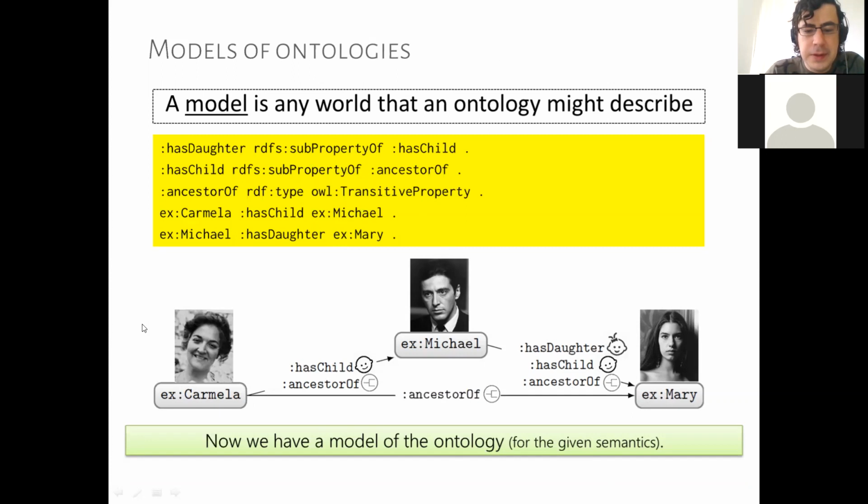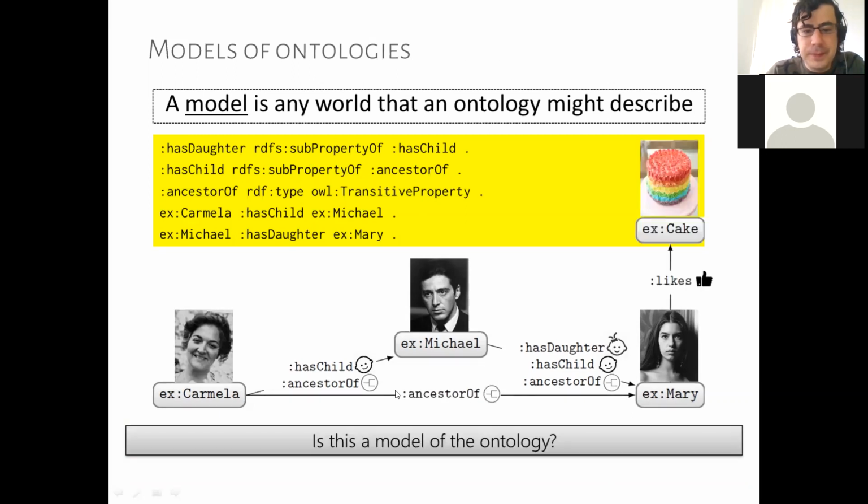Okay. So how about this case where we say that Mary likes cake? If we say that Mary likes cake, we have a model, right? And in this model, we have this relation between this individual and this individual according to this relation here. Is this a model of the ontology?